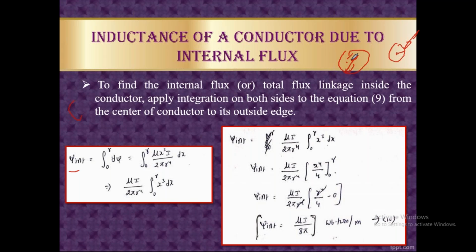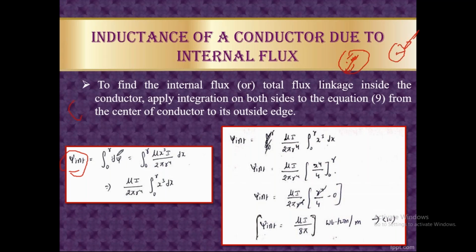So we have to calculate this internal part, in the range between 0 and the outer surface, which is given by R. So this is the equation of flux internally. Now this flux will change from 0 to R, where R is the radius from the origin to the outer surface.